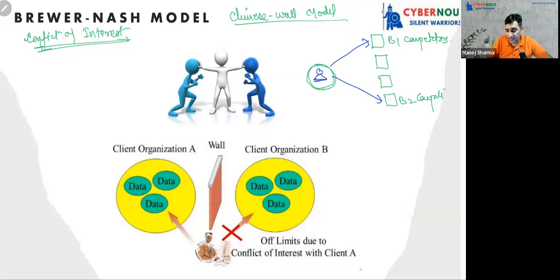If one single person is able to access both clients and these two clients are competitors to each other, there is a high chance that a fraud may happen, and this user may pass on some information related to client 2 to client 1 and client 1 to client 2. Now, on a process basis, definitely we will rule out a policy that a particular person cannot serve two different clients who are competitors to each other. But how do we replicate the same thing in the design phase as well?